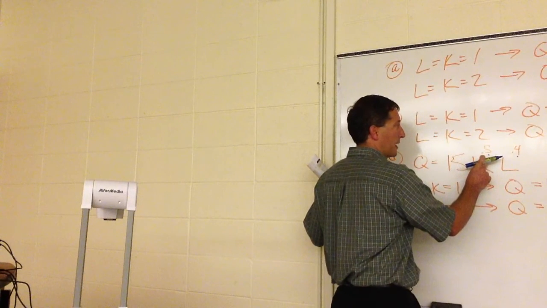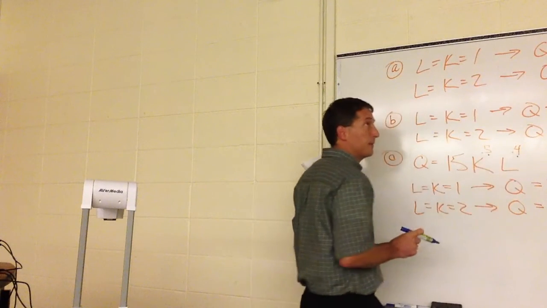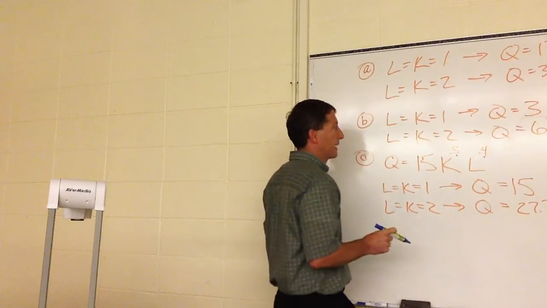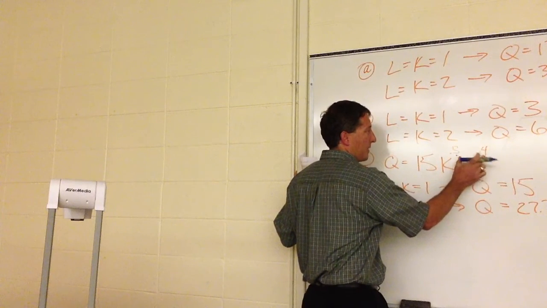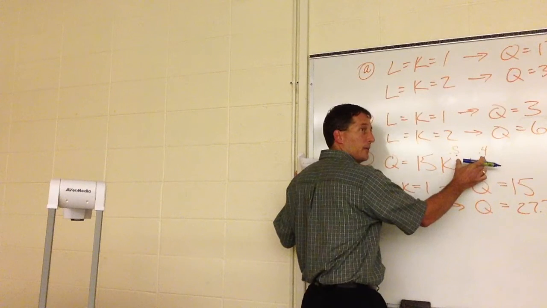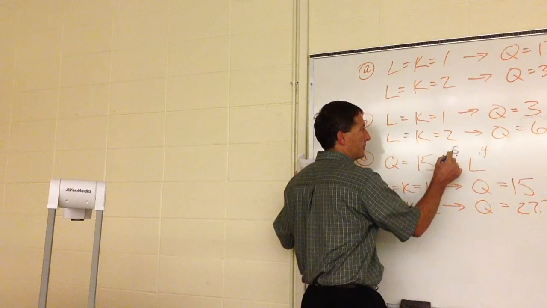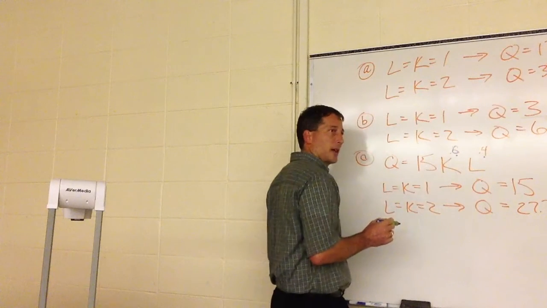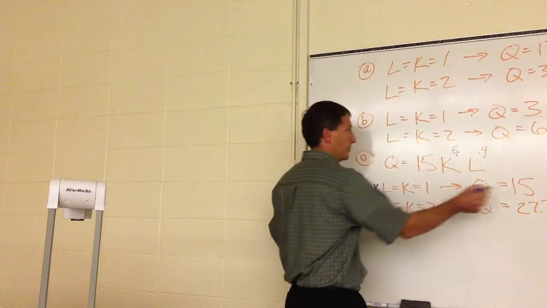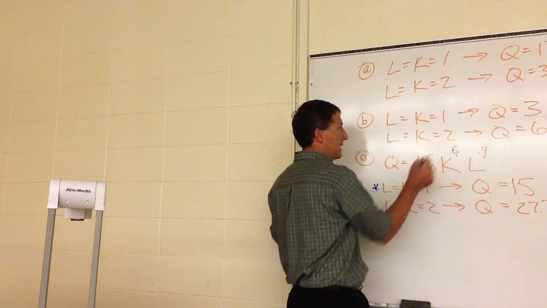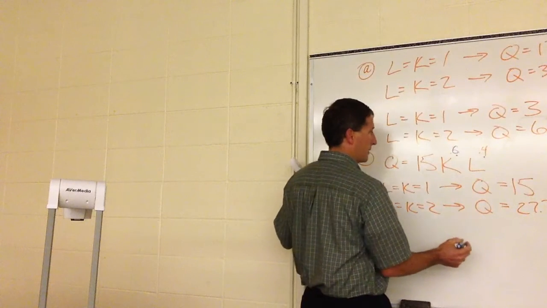Not so much on the production function side, but on the marginal product side, we get them negative. So I want to do one more, and I want to raise this to the 0.6 power. We know this would still be 15, but if I raise that to the 0.6 power, what does quantity equal?